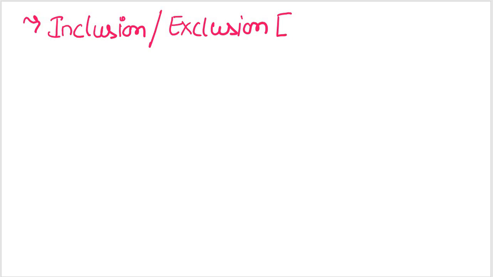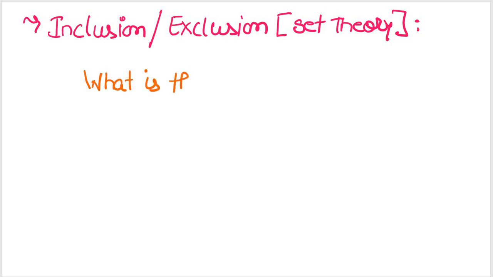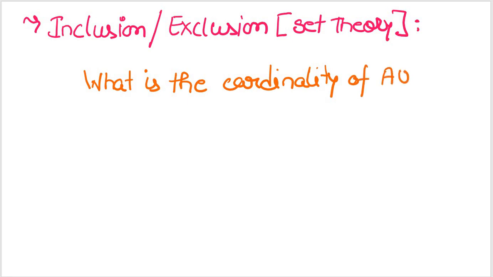Here we are talking in terms of set theory, because this concept is used in many places. What it answers is: what is the cardinality of A union B?